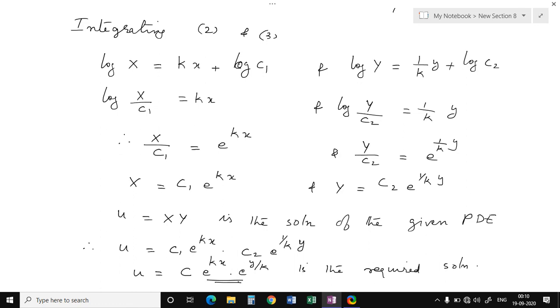After that, equate each side to a common constant, and then we will get two ordinary differential equations. Solve these two ordinary differential equations by any known method. After that, find the values of capital X and capital Y, substitute them in the formula u equal to XY, simplify and write down the final answer.